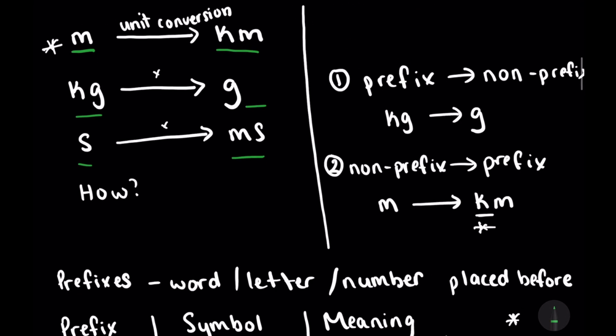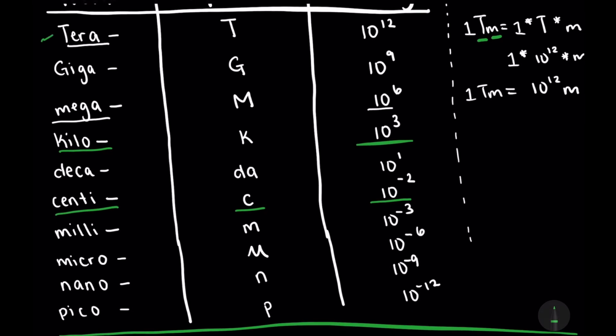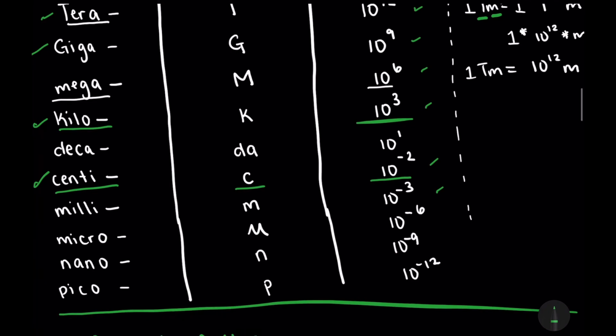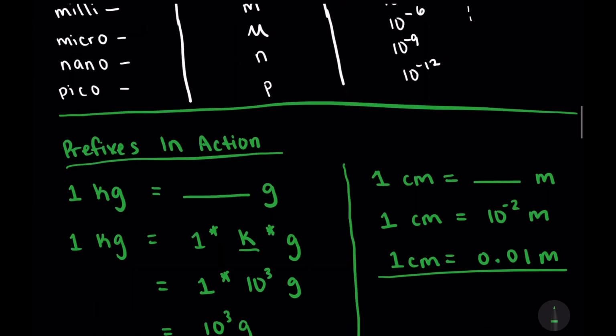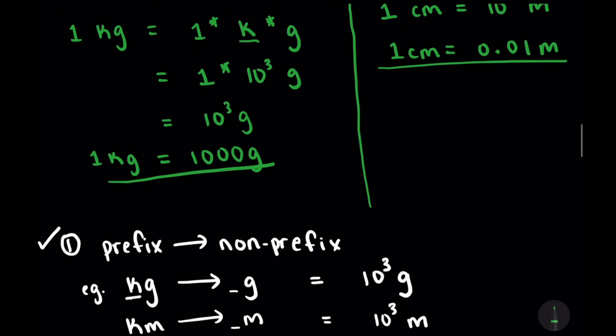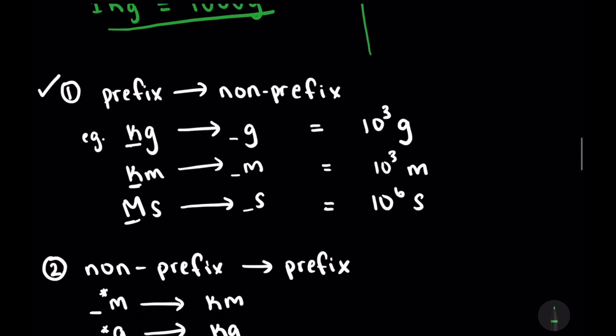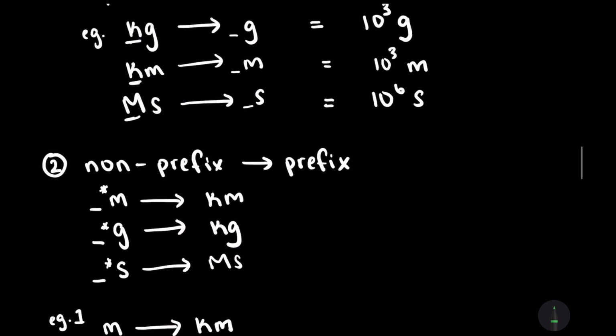We can do this by using what we call our prefixes, so our teras, our gigas, our kilo, centi, all of these examples, because they have some numerical representation that allows us to represent things how we want to. And here are some examples that we went over of these prefixes in action, either converting from prefix to non-prefix or non-prefix to prefix.